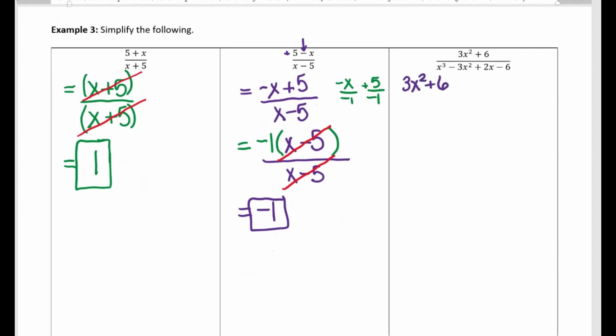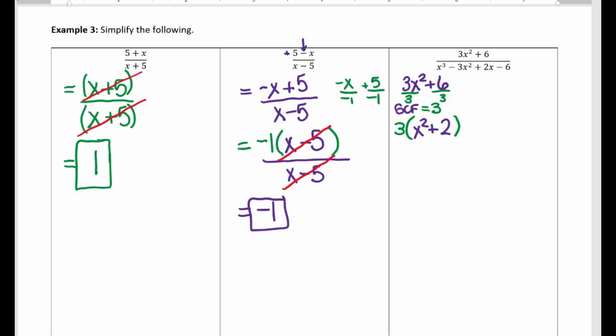First thing we need to do whenever we're factoring is look for a GCF, which in this case is going to be 3. We're not going to include an x because the 6 doesn't have one, but we can factor out a 3, and if we factor that 3 out by dividing, 3x squared divided by 3 gets us x squared, plus 6 divided by 3 gets us 2.